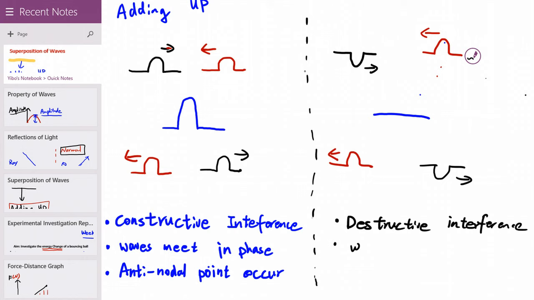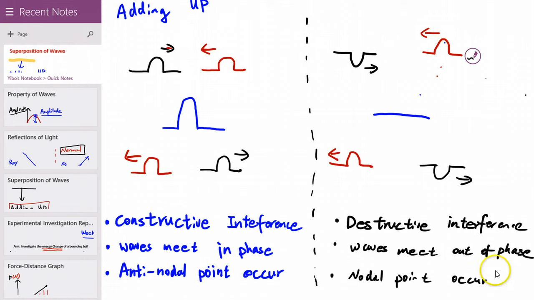The waves meet out of phase, and we have nodal points occur when they meet. So those are basically the fancy words you have to remember for this topic. If you can't remember them, write them down on your cheat sheet.